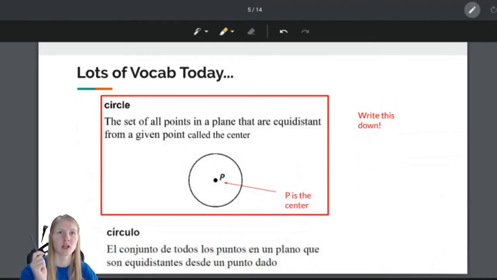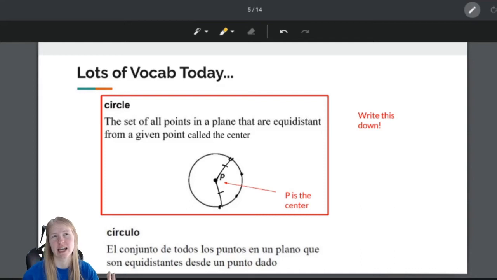So, this is the answer to our question in the entry task. How would you define a circle? The way that we define a circle is as the set of all points in a plane that are equidistant from a given point called the center. So every point on the outside of this circle is the exact same distance away from the center.